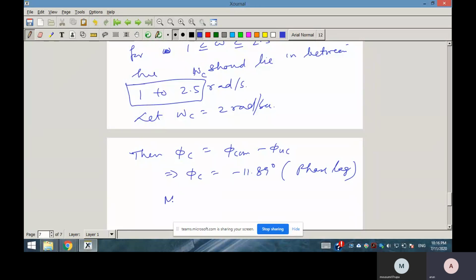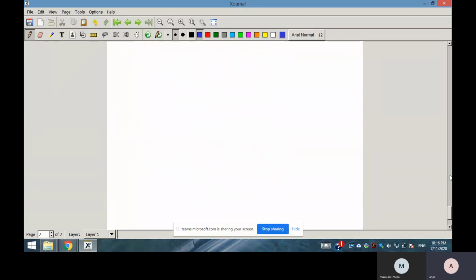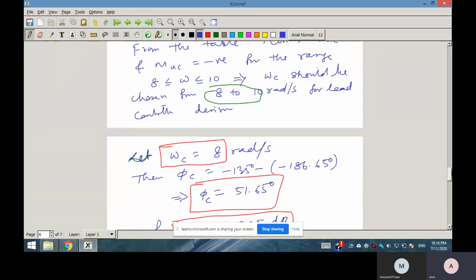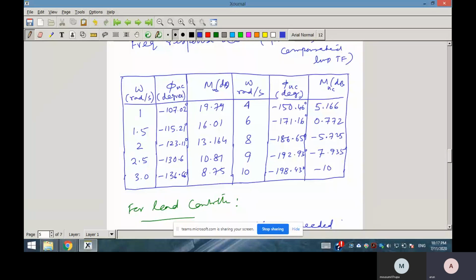And Mc will be equal to minus MUC. If you see the frequency response data, what is the gain? MUC is 13.164.